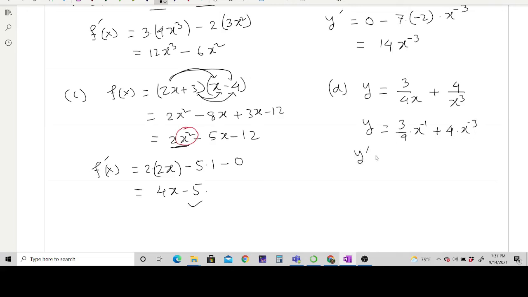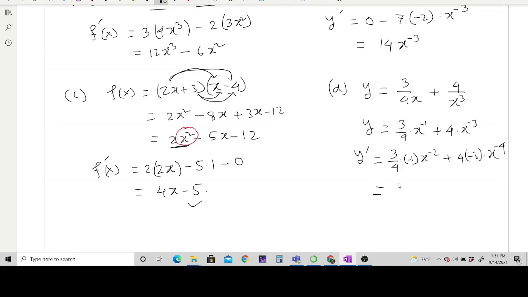Now the derivative of this function, 3 over 4 is constant, so leave it as it is, and the derivative of x to the negative 1 is negative 1 times x to the negative 2, plus 4 times, again power rule, negative 3 times x to the negative 3 minus 1, which is negative 4.